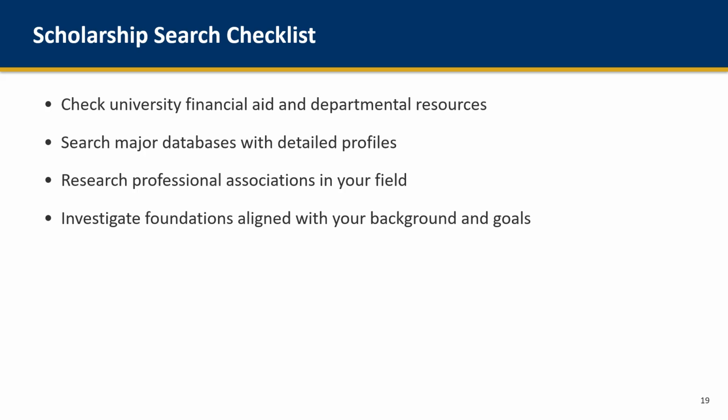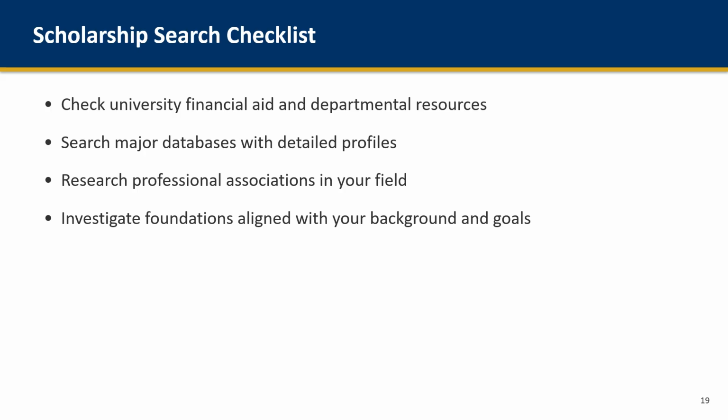Research professional associations in your field. Visit their websites and look for student awards, scholarships, and grants. Check both national organizations and regional chapters. Investigate foundations aligned with your background and goals. Community foundations where you're from, identity-based foundations, and mission-driven foundations all offer opportunities.